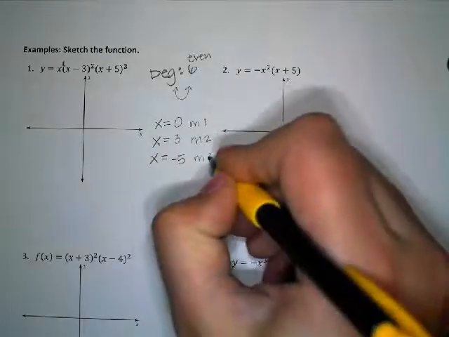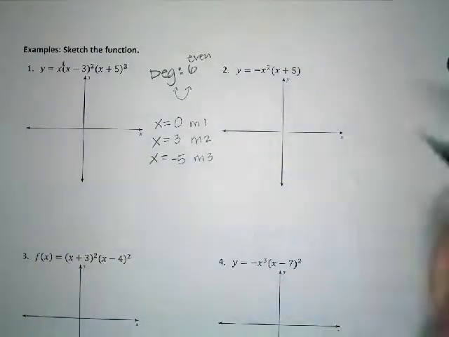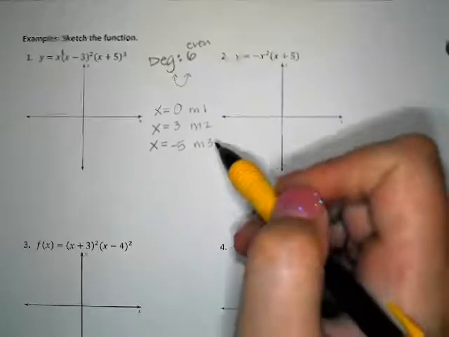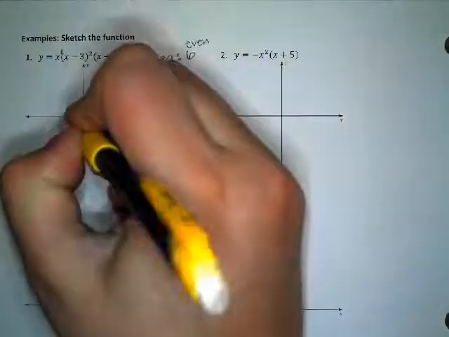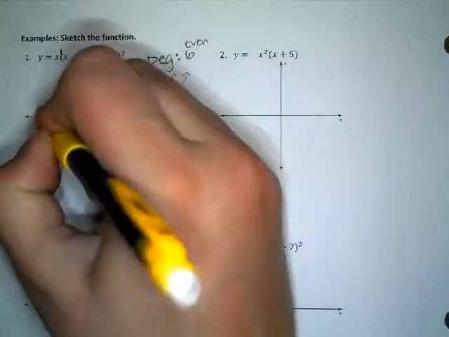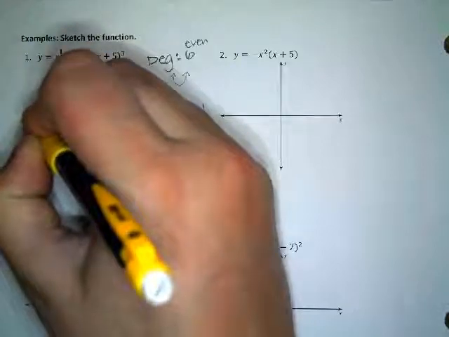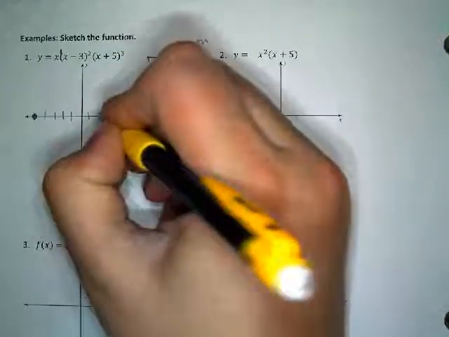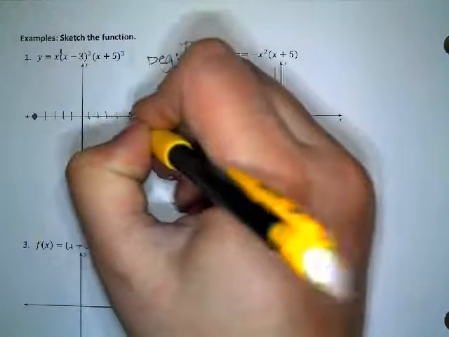So what I'm going to do next is draw them. So 1, 2, 3, 4, 5. Got 3. Got 0.